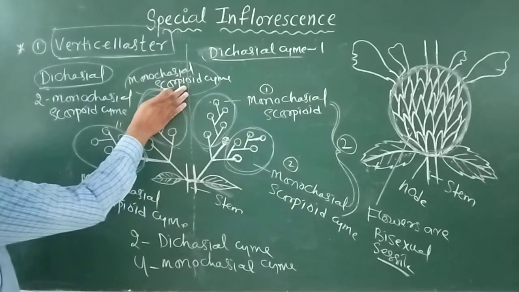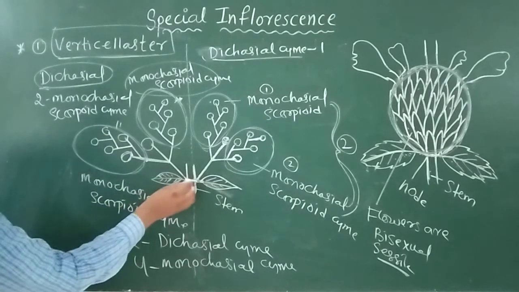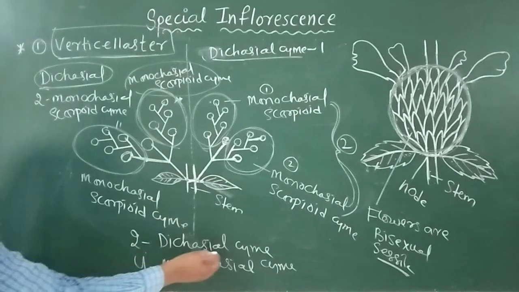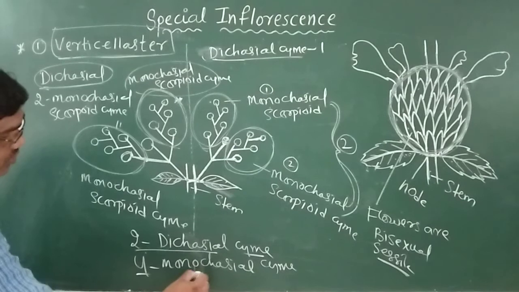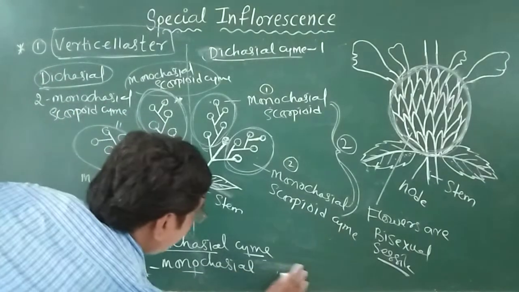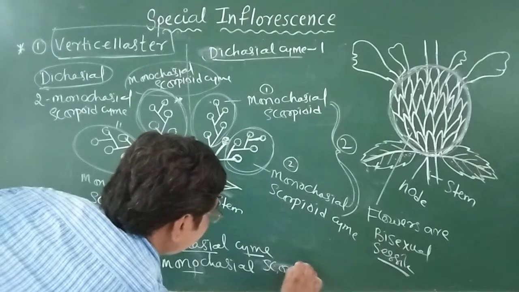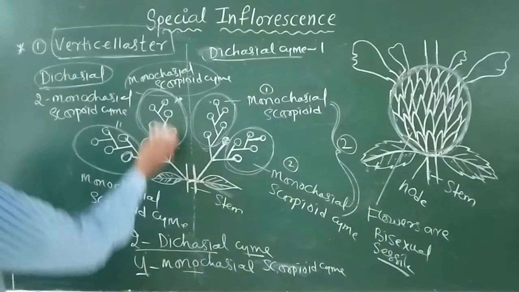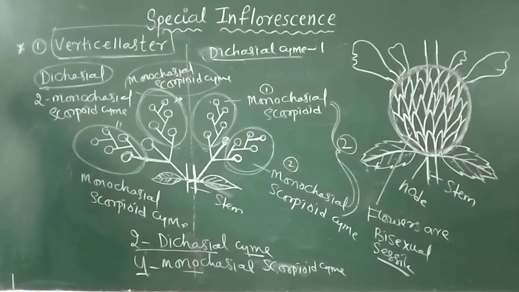So at each node, two dicasial cymes and four monocasial scaphoid cymes. Okay? So this is the explanation about the verticillaster.